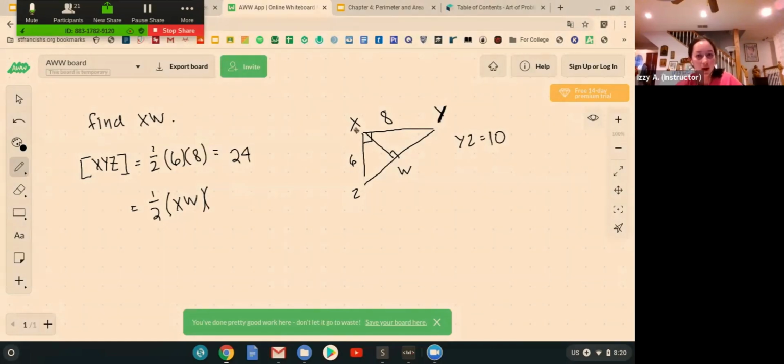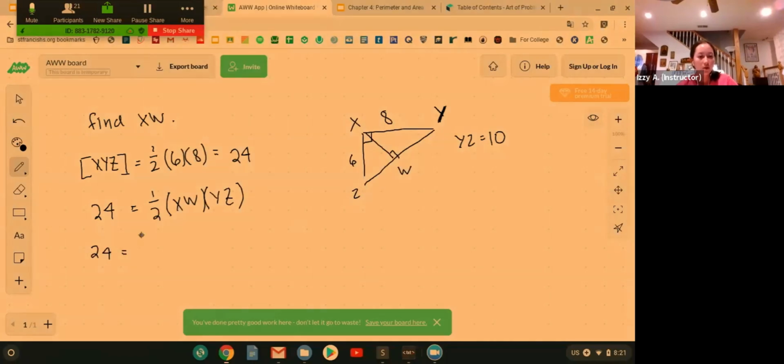So we're looking at the triangle in a different way, where XW is now the height and YZ is now the base. We know that XYZ is equal to 24, and we know that YZ is equal to 10. So we get 24 is equal to 1/2 times XW times 10.